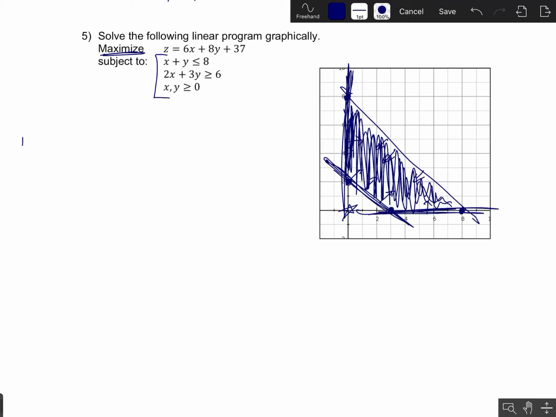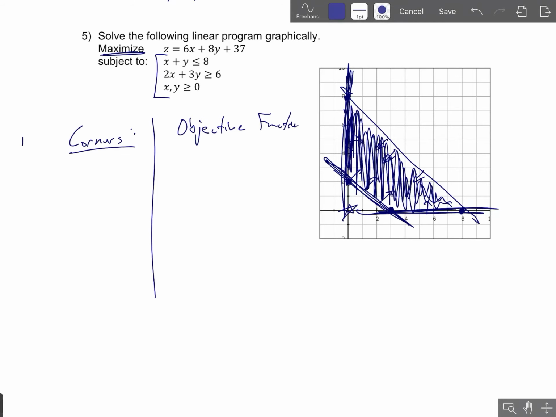In this case, we only want to maximize z, not minimize it. So we just need to find which one of these points maximizes z. So I will make a list of the corners, and then we'll also make a list of the objective function values at each of the corners.